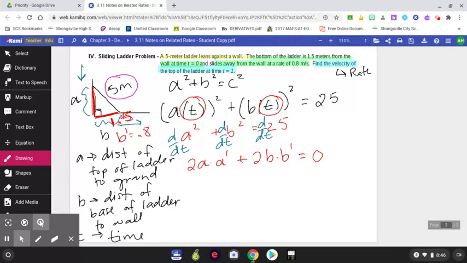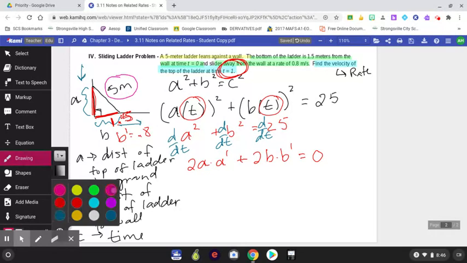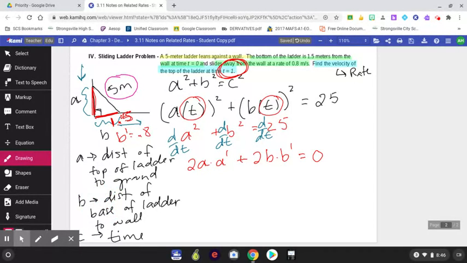Okay, so again, I know that my distance away from the wall is 1.5. I know the rate at which that distance, that length of b, is changing is 0.8, but I want to know information about what's happening when time is 1. What that means is this. Currently, I know that when time is equal to 0, the distance away from the wall for the base of my ladder is 1.5.